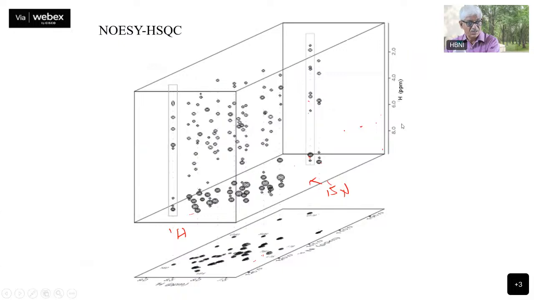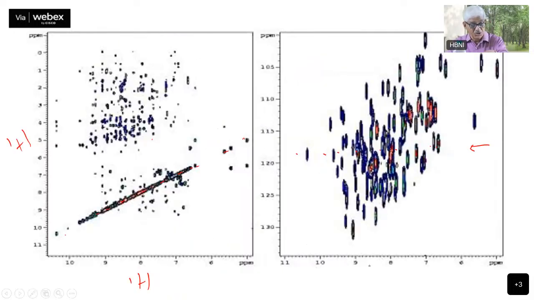So, yeah, slowly. You can take cross sections at various nitrogen 15 positions. You can take a plane here, plane there, plane here, plane there. All of these planes are the ones which are seen here. Each one of those planes will produce two peaks like this. So in a normal 2D spectrum, all these planes will be superimposed, so it will result in a very complex spectrum, which is not analyzable.